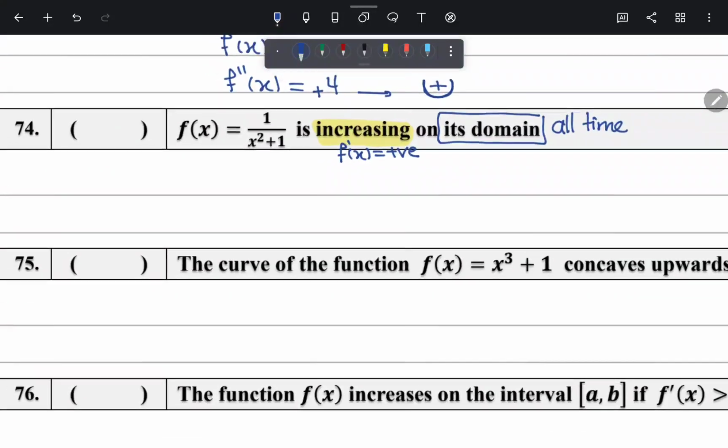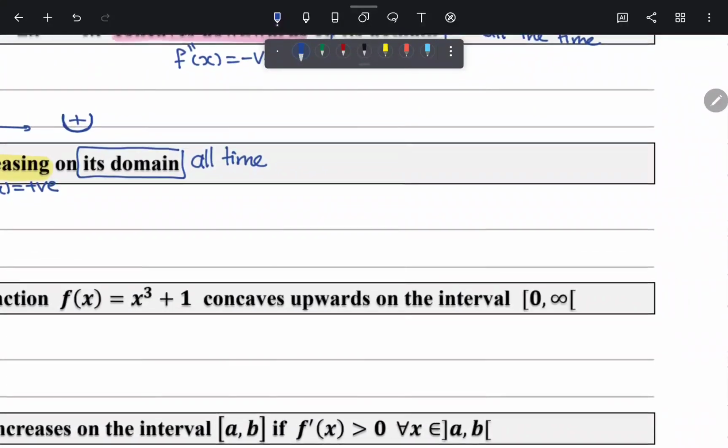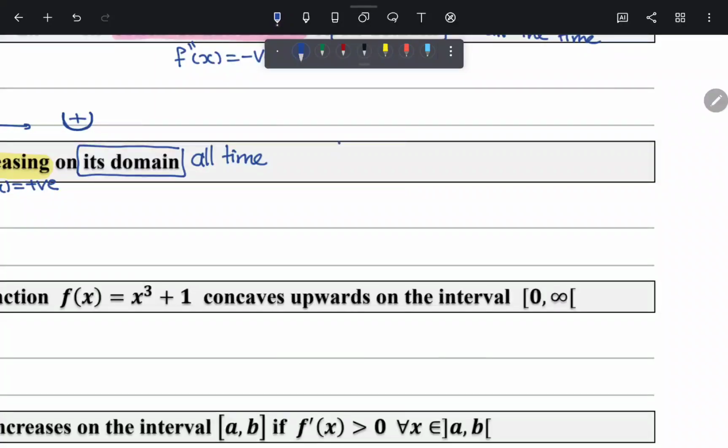Let's check that. But before I check that, I want to ask you a question. If I give you 2x, what is the sign of 2x? Positive. If I give you negative 4x, what is the sign? Negative. Wrong, of course. Neither is positive nor negative, we actually don't know the sign, because there is x.